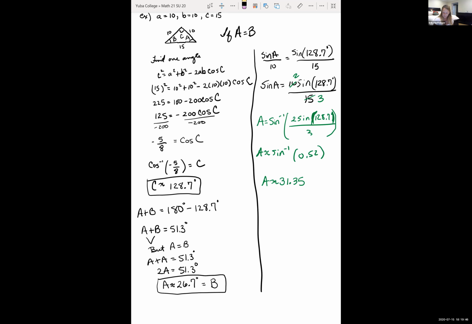Did I do something wrong? Because we would have multiplied by 10 on both sides. And then 10 and 15, they both reduce to 2/3.